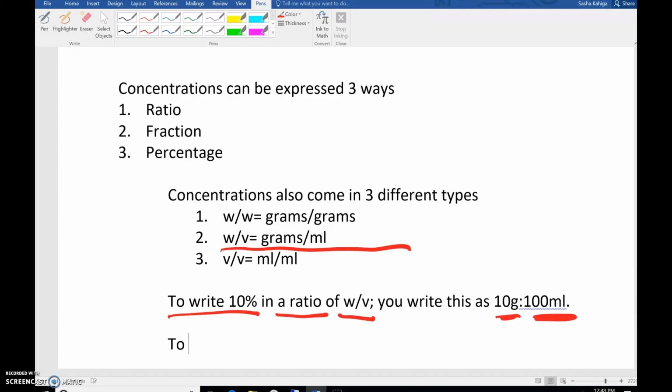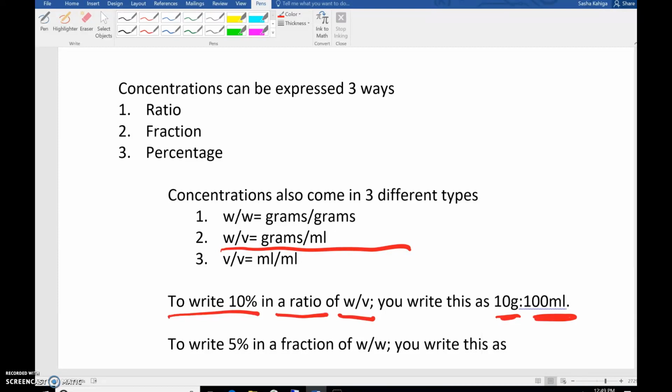If I ask for you to write 5% in a fraction of weight to weight, you will rewrite this as, I'm going to pull out my pen so you guys can see it.